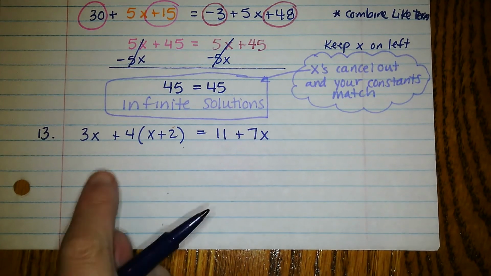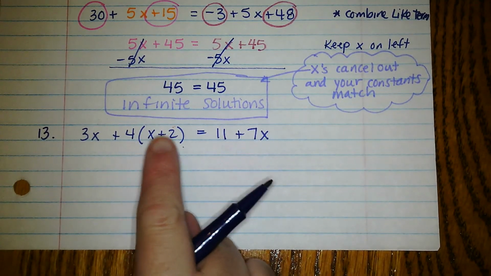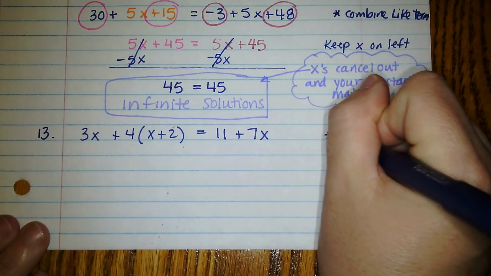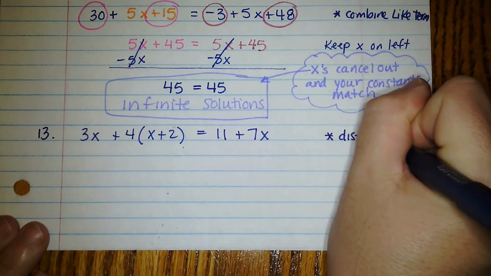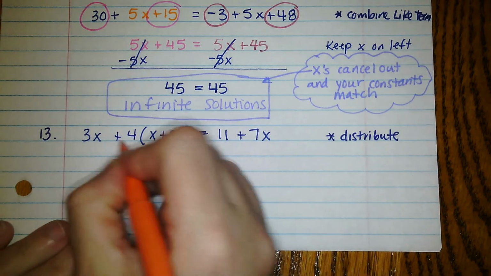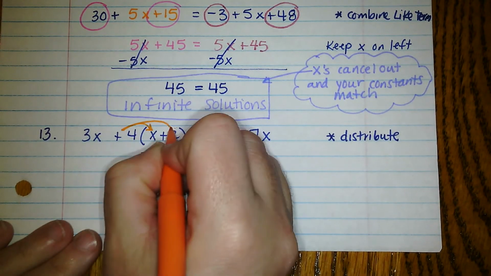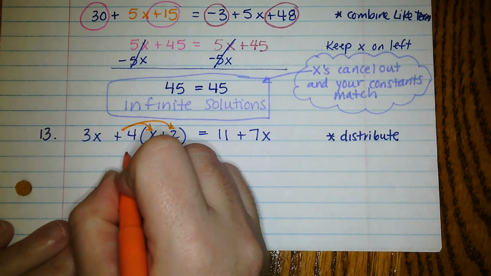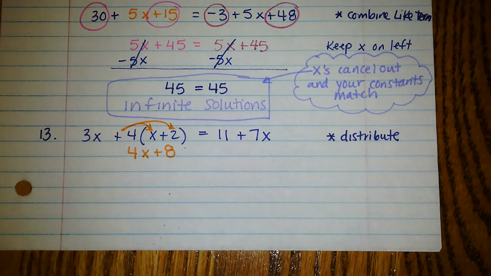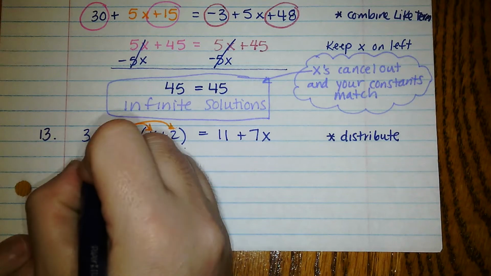Okay, so for number 13, I see parentheses here, so I'm going to distribute. And so when I distribute, I'm going to distribute a positive 4. And that gives me 4x plus 8. And then I'm going to bring everything else down, of course.